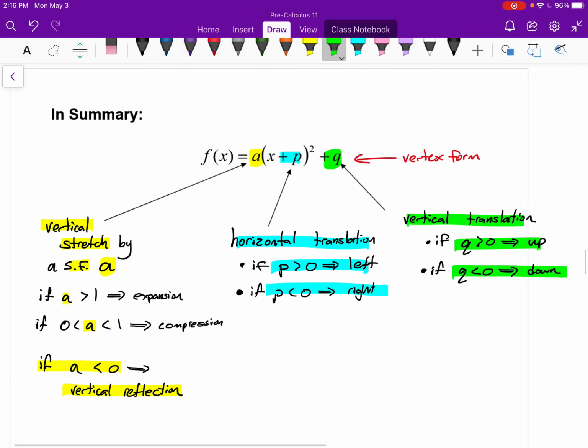I cannot overestimate how important this is. For this class and for pre-calculus 12, understanding transformations, understanding how you can take an equation and change one of the parameters in it, and visualizing the change in your head before you actually graph it using technology or on paper is so important. We did the same thing with lines in Math 10.